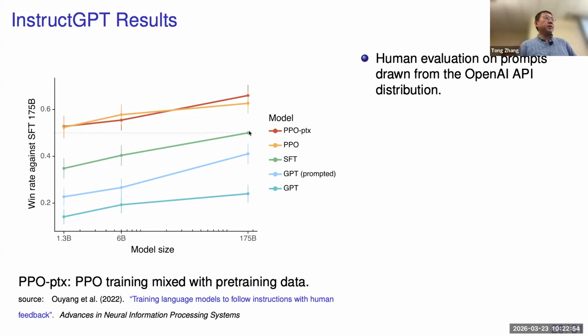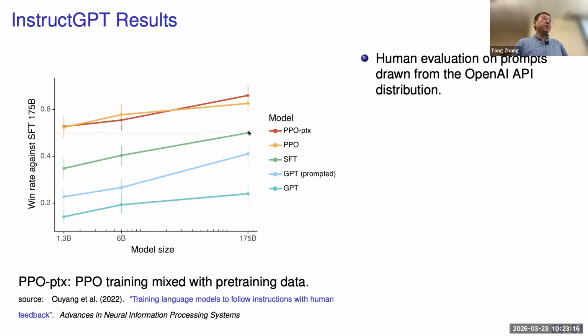Basically, the base case itself is 50%. But for the others, a much smaller model, 1B, could have a better response than a very large GPT model, even with instruction tuning or without tuning.